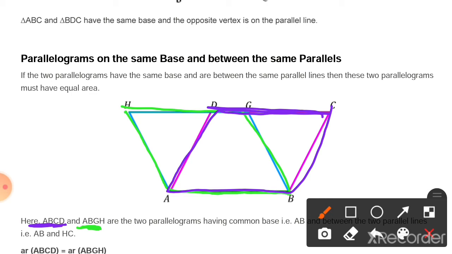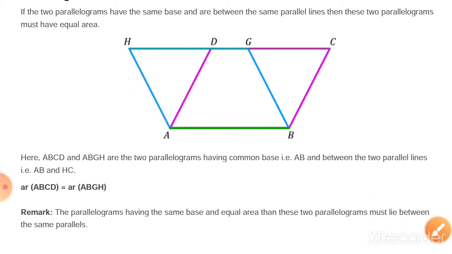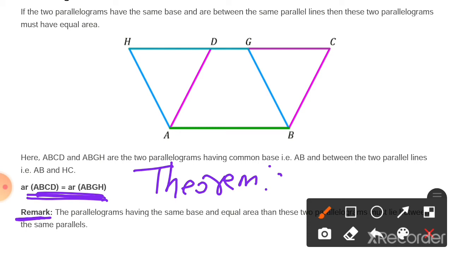So what is the relation between them? We can say that if figures are on the same base and between the same parallels, the areas of those figures are the same. There is a printing mistake here, we cannot write remark. This is our theorem number 9.1.